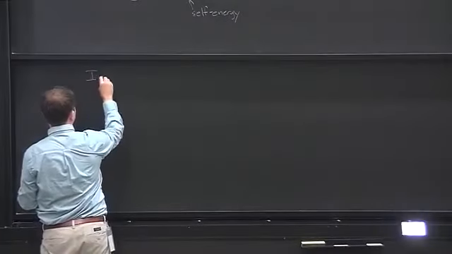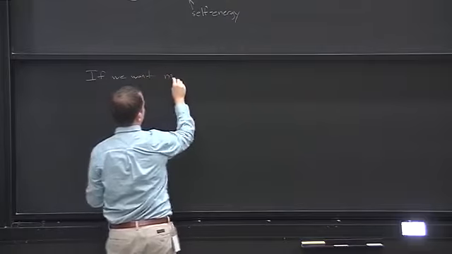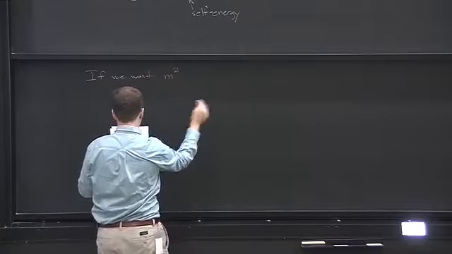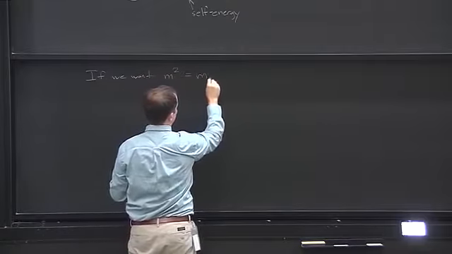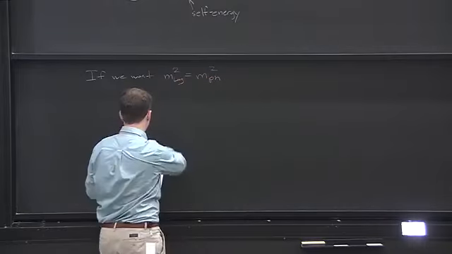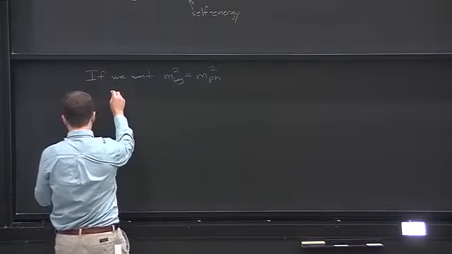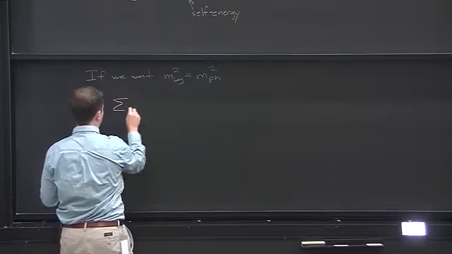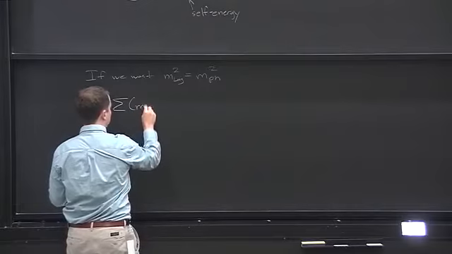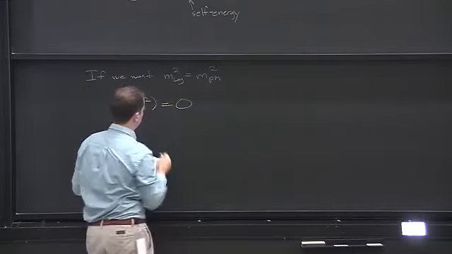So if we want m squared, whatever shows up in the Lagrangian, equal to the physical mass squared, then we should have that the self-energy evaluated at m squared should be 0.